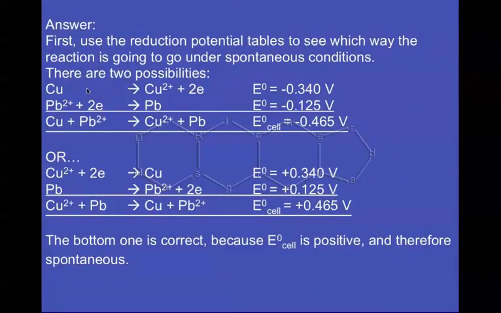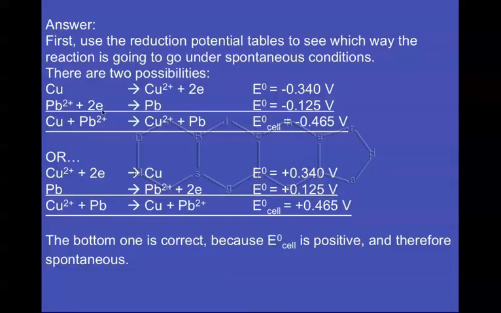Here we go. In this instance, here's what we've done. We've made the copper oxidizing. That is, we've flipped it from being reducing to oxidizing. In so doing, we've made it minus 0.340 volts, because when you make it oxidizing, you have to flip the sign. Just remember, whenever you flip a reduction, the electrons always move to the other side, and that's what makes it an oxidation.